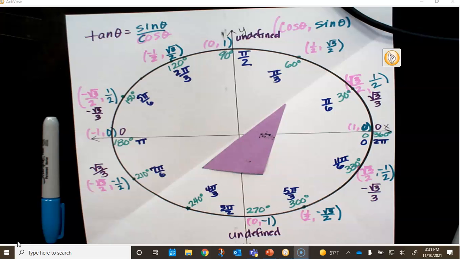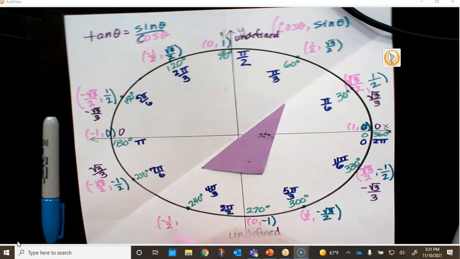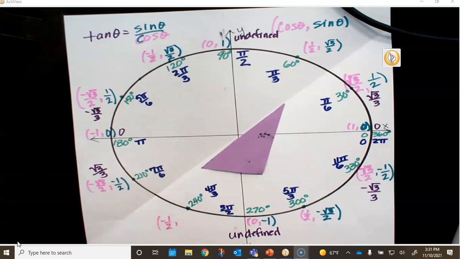And then my ordered pair, in the 3rd quadrant, they're both negative. So I have negative 1/2, and I have negative square root of 3 divided by 2.